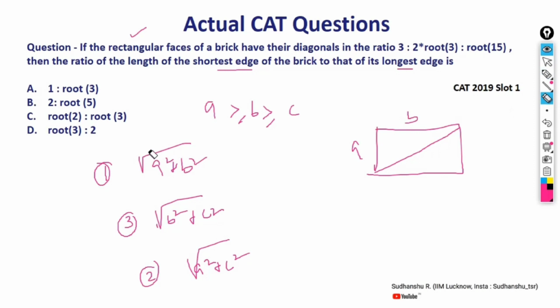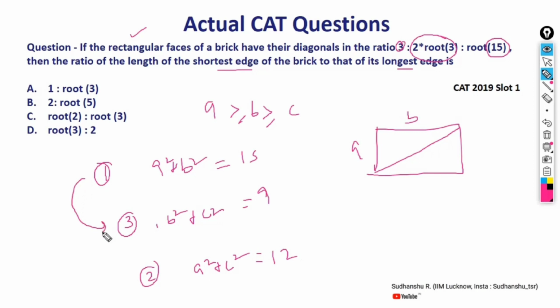If you just square these numbers, A square plus B square is the square of the biggest one, so that becomes 15. And B square plus C square, that's the square of the smallest, so that becomes 3 square, which is equal to 9. And finally, if you square the A square plus C square, you should get square of 2 into root 3, 4 into 3, which is 12.